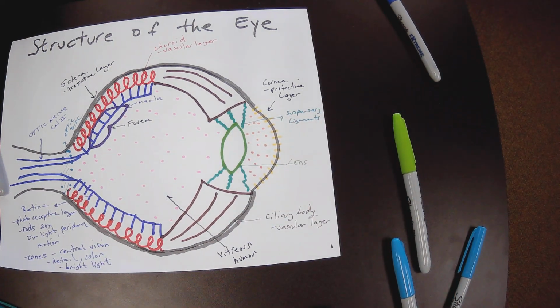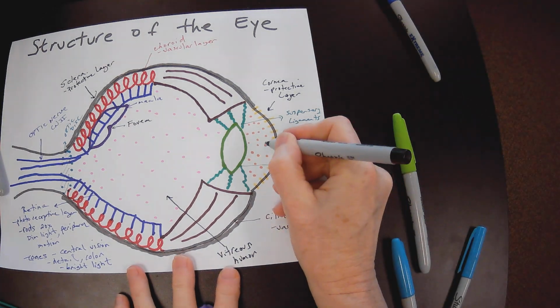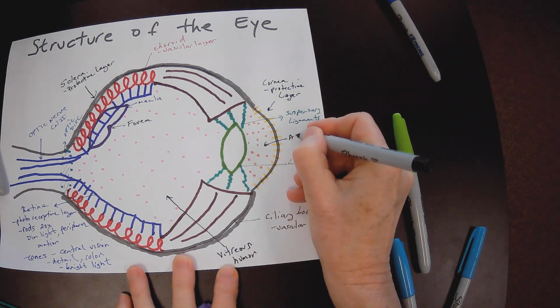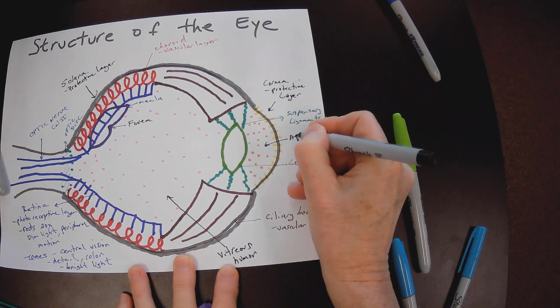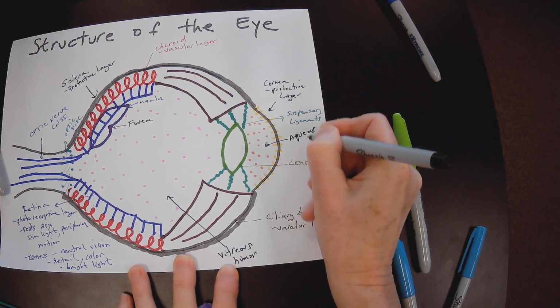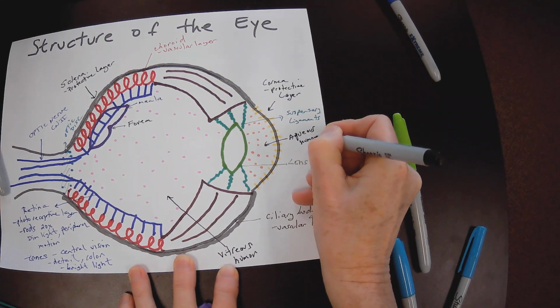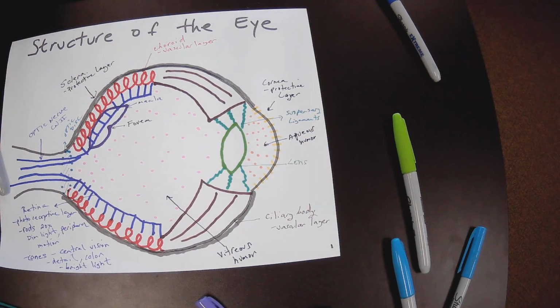And so it's a liquid substance, so remember it's aqueous humor, A-Q-U-E-O-U-S, humor. And that's nothing more than the liquid between the cornea and the lens of the eye.